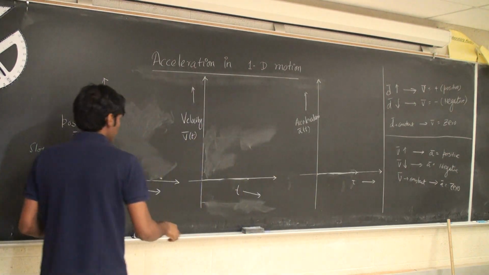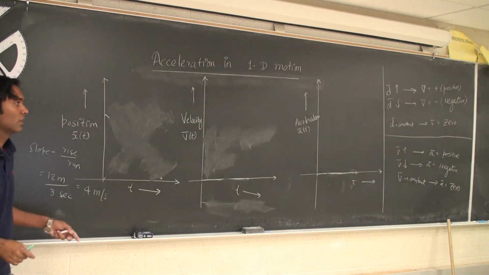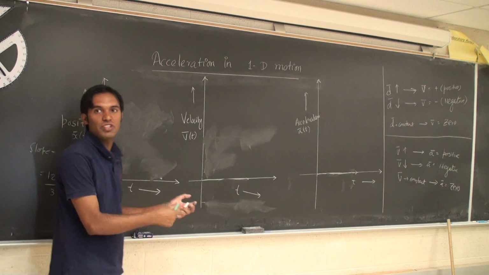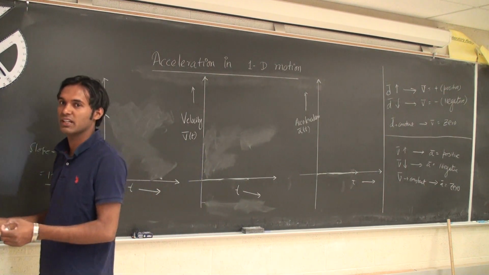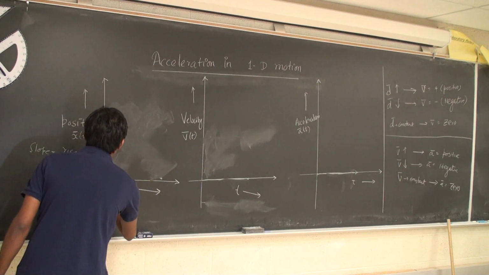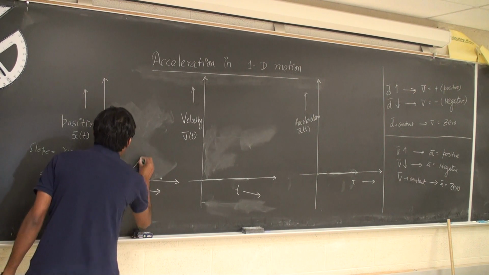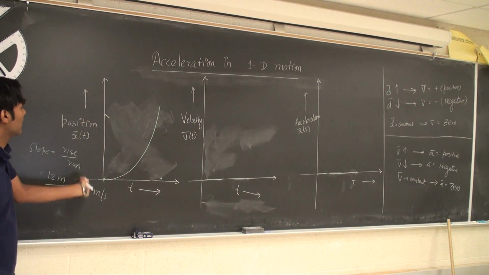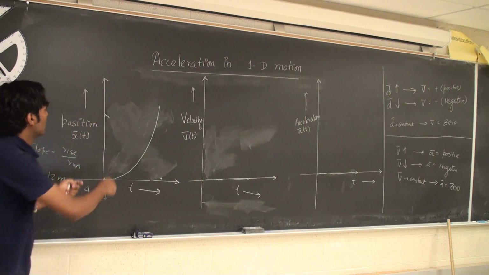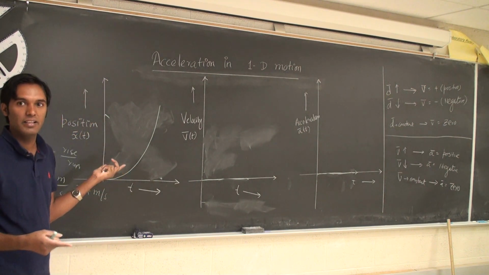Now another situation is I'm going away from the motion detector with increasing speed. So my graph is increasing.